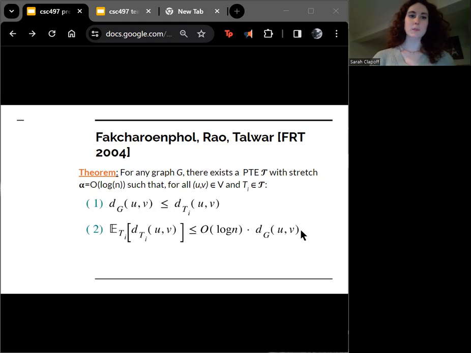And these points just came from the definition of a PTE, but we can see that the O of log n is where they have their stretch factor.